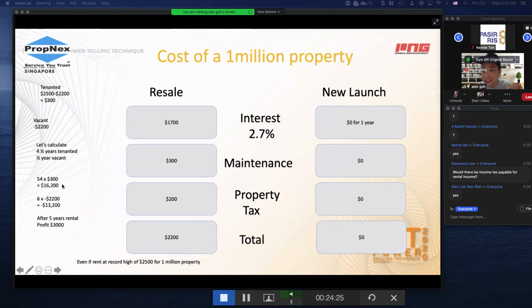I made $16,200. The 6 months vacancy multiply by 2,200, I will lose 13,200. In overall 5 years, I will only make $3,000 rental if this is the scenario, which is 1 million property, $2,005 rental, 2.7% interest rate.